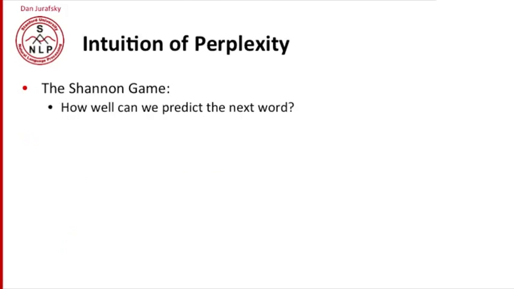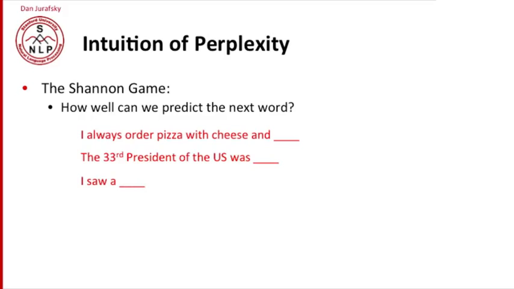So let's think about the intuition of perplexity. And like many ideas in language modeling, this dates back to Claude Shannon. Shannon proposed, among many other things, a game about word prediction. How well can we predict the next word? So for example, we've seen sentences like, I always order pizza with cheese and our job is to predict the next word.